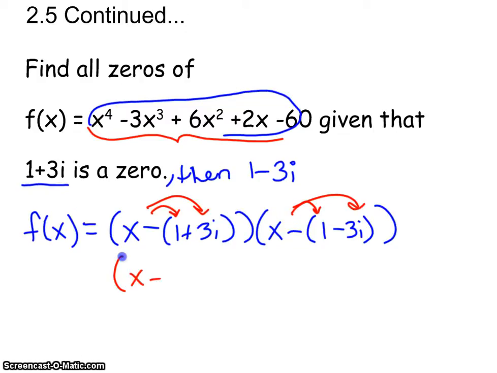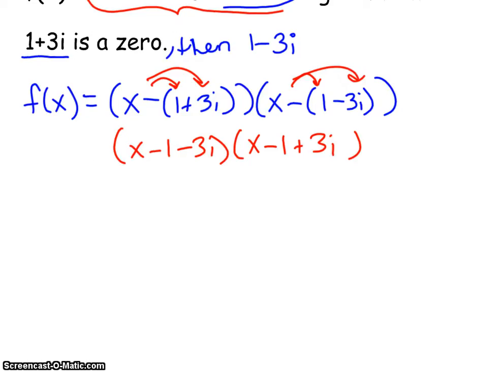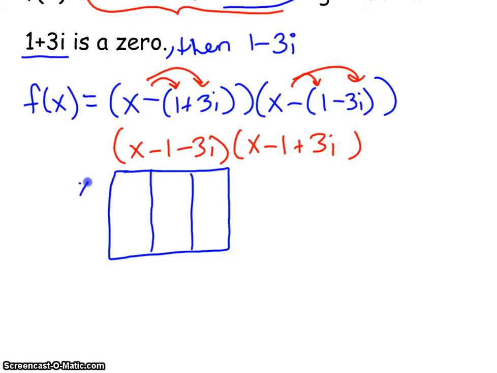I get x minus 1 minus 3i, x minus 1 plus 3i. If you can go ahead and multiply that on the side, you could do the box method, you could FOIL it out or distribute, whatever you want. I'm going to do the box method. So I'm going to put x, negative 1 plus 3i on the side.